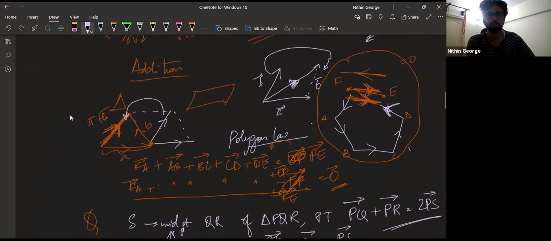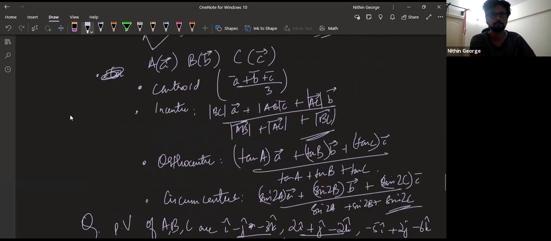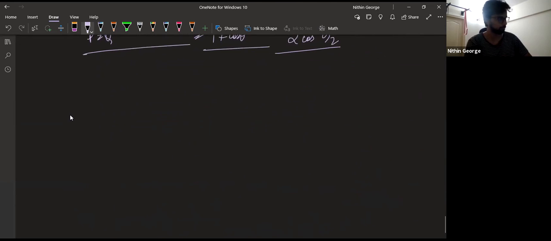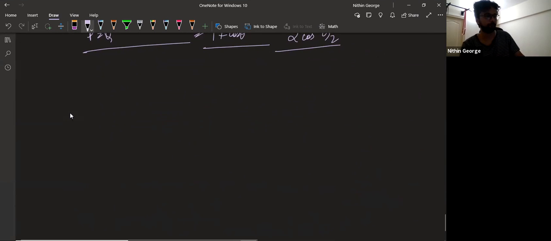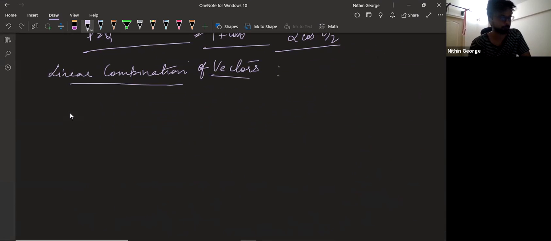So we were into vectors from yesterday, day before. Linear combination of vectors is what we'll be looking at now.